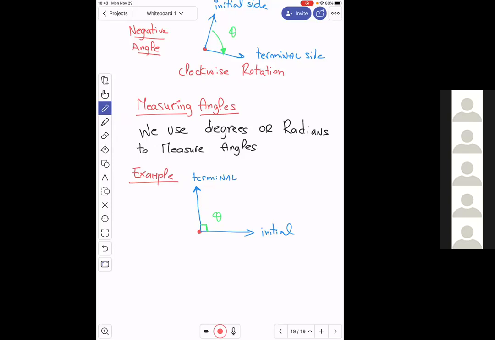For right angles, the angle theta is 90 degrees. So a right angle would be 90 degrees, with this symbol for degrees. And if you use radians, that will be pi over 2.